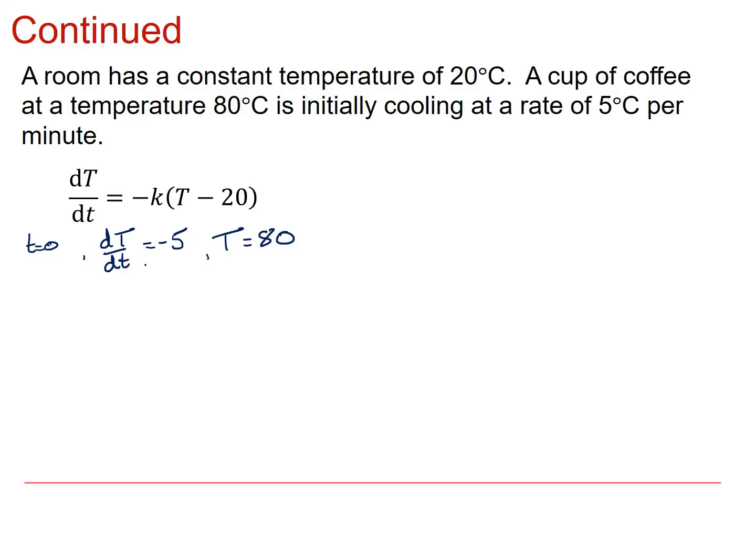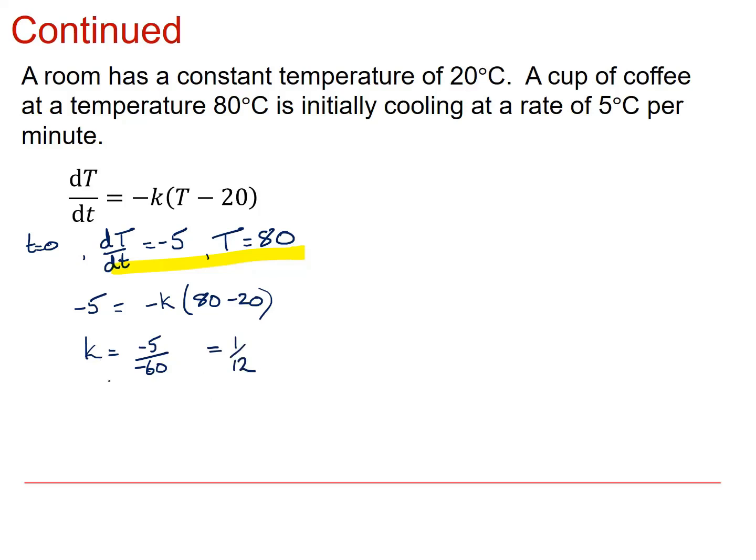So I'm actually going to use these two bits here. I get minus 5 is equal to minus k times 80 minus 20. So that gives me that k is minus 5 over minus 60, which is 1/12.